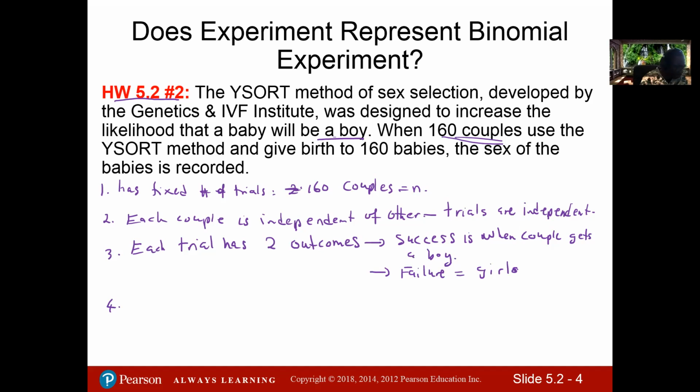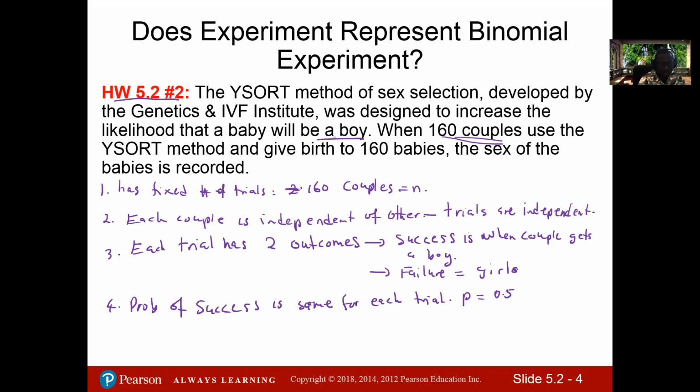The probability of success is the same for each trial, because getting a boy or a girl is 50-50. That probability is 0.5.